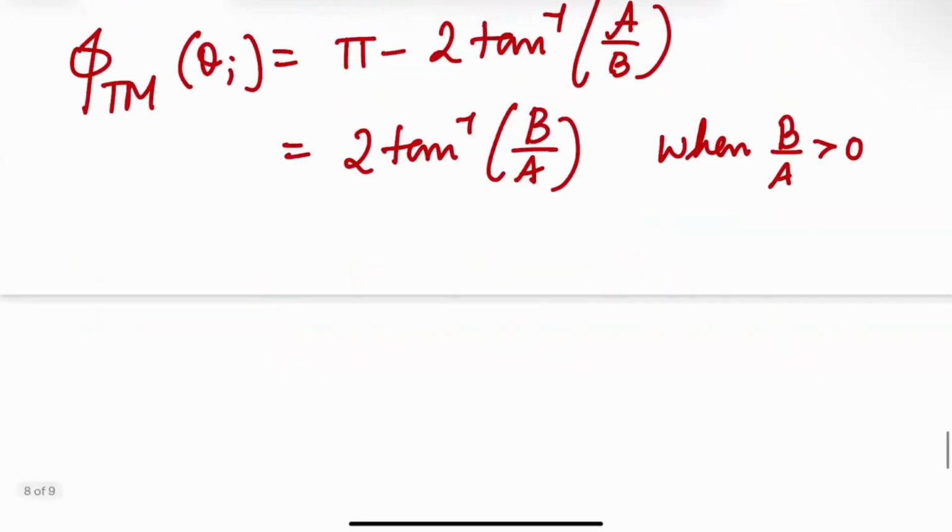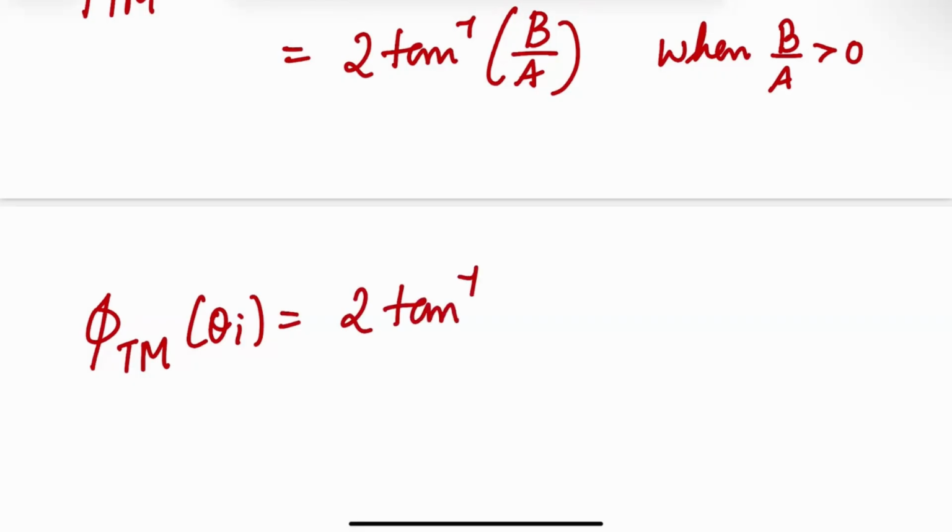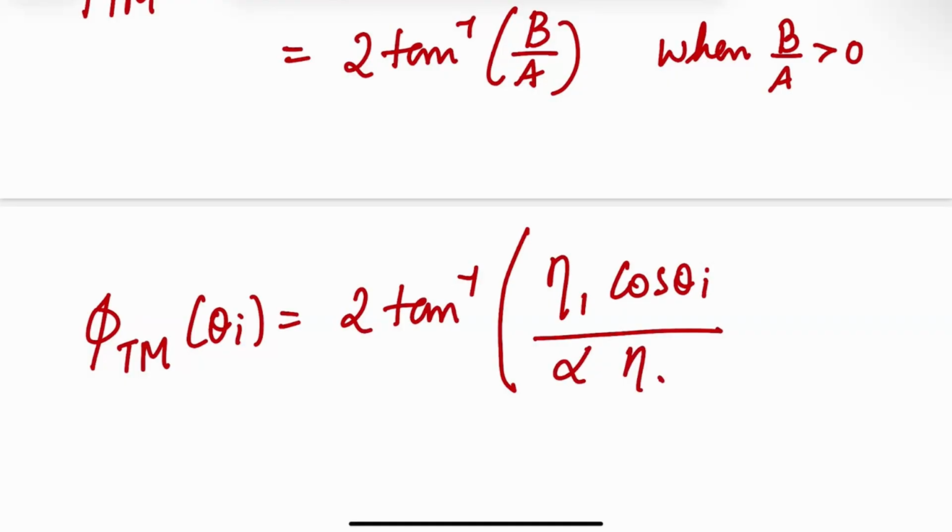And now I can substitute the values of B and A in there, and that gives me phi TM as a function of theta i is 2 times tan inverse eta 1 cosine theta i over alpha eta 2.